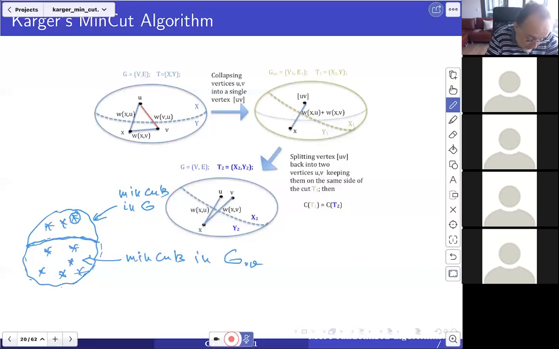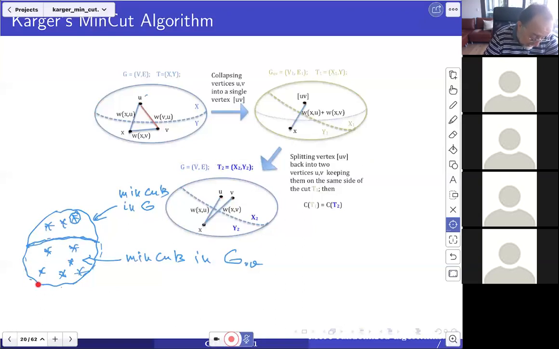So when you fuse the vertices of an edge that goes across the cut, the capacity of the min cut in the resulting graph can only be larger or equal than the capacity of the min cut in the original graph, because we showed that for every cut in the collapsed graph, we can produce a cut in the original graph that is of exactly the same capacity.